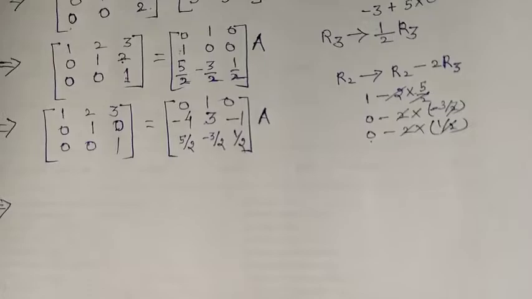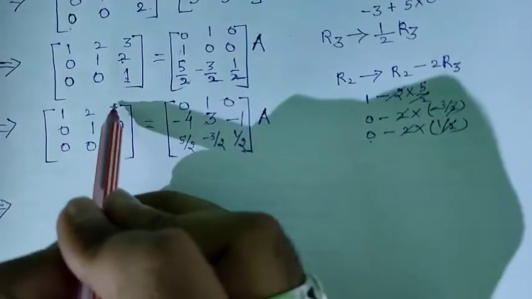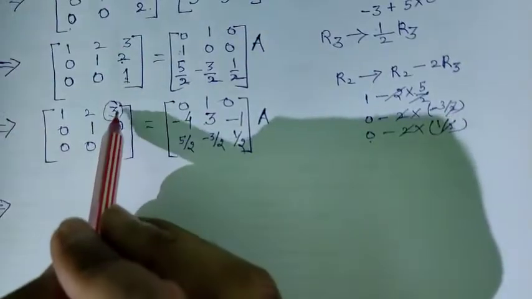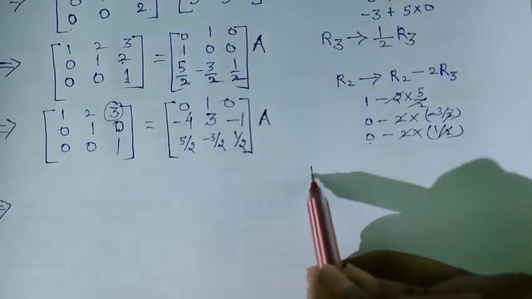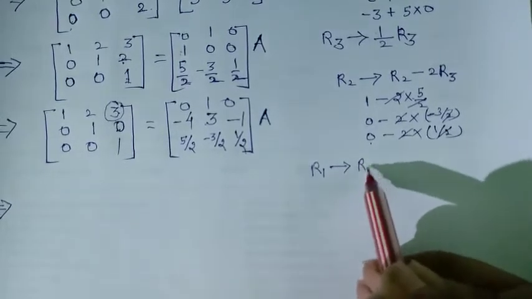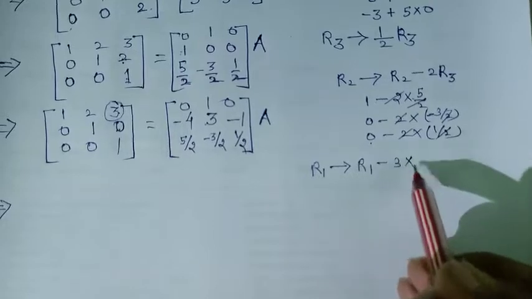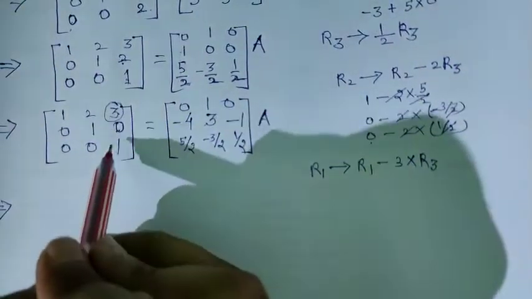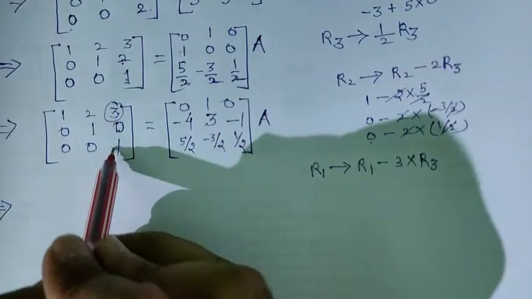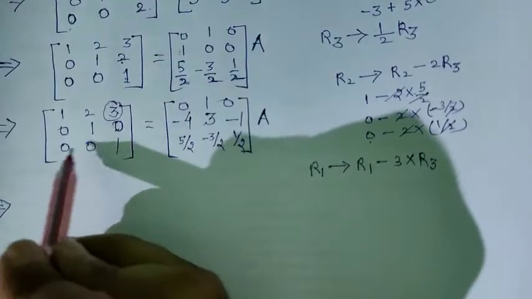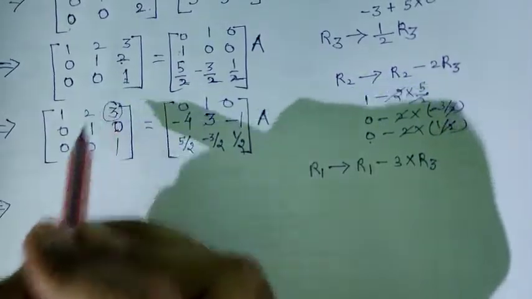Now our next target is to make this 3 zero. How can you make this 3 zero? If I follow this rule, R1 minus 3R3, 3 minus 3 into 1 will make it 0, because these two are already zeros, so these 1 and 2 will not be affected.